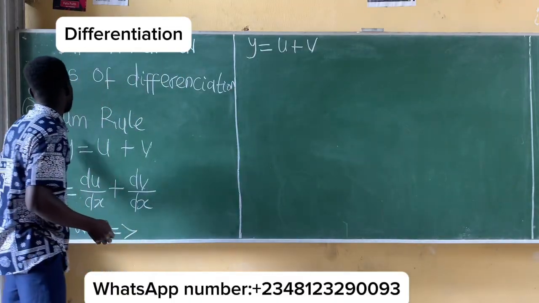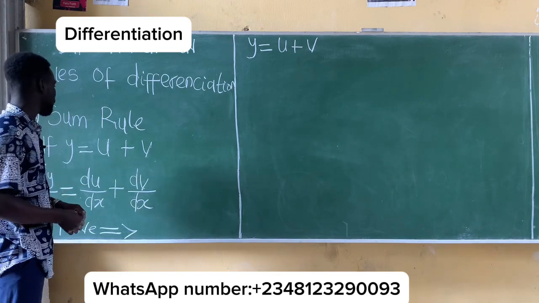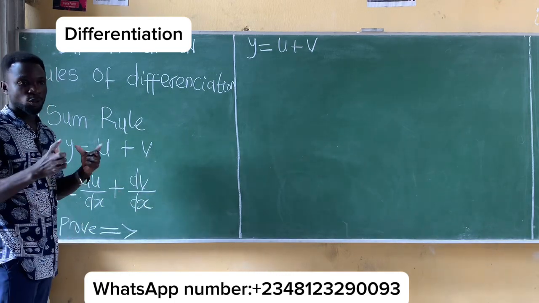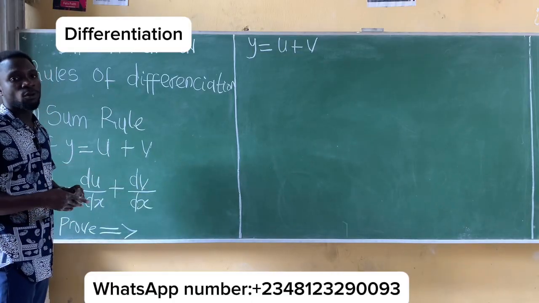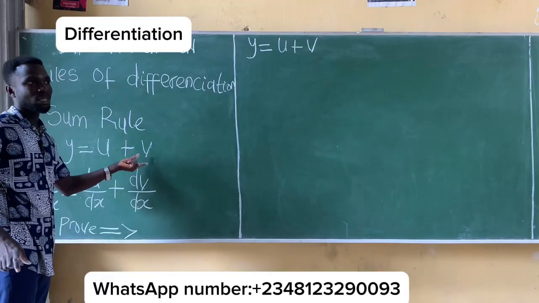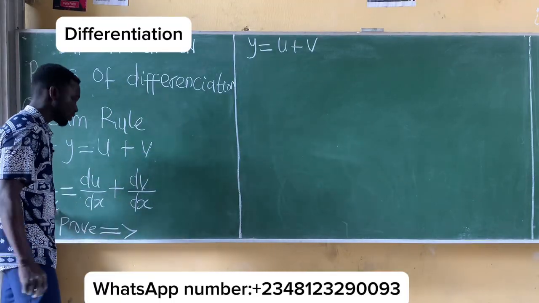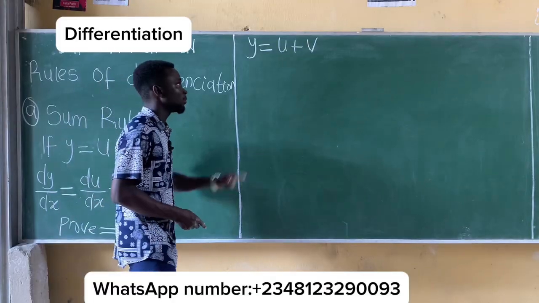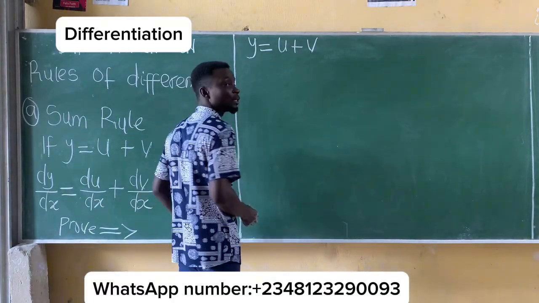Remember that the derivative of a sum of two functions is just the derivative of the first function plus the derivative of the second function. That is what will give you the dy/dx. So let's just look at the proof. So if y is equal to u plus v, let's prove how they got this formula.